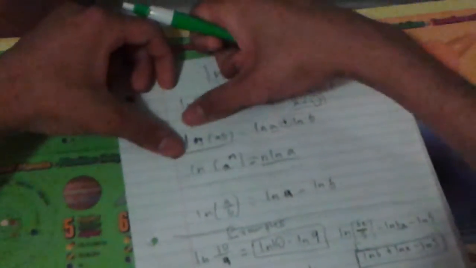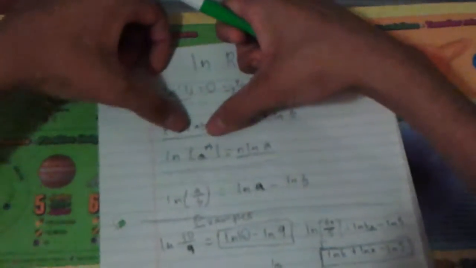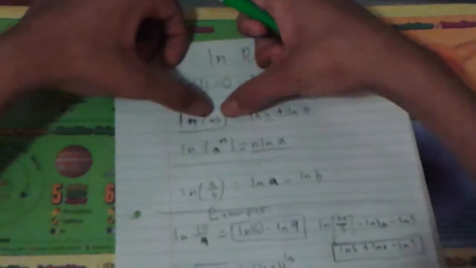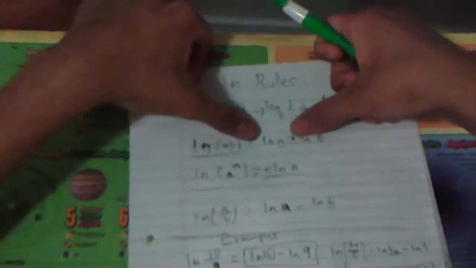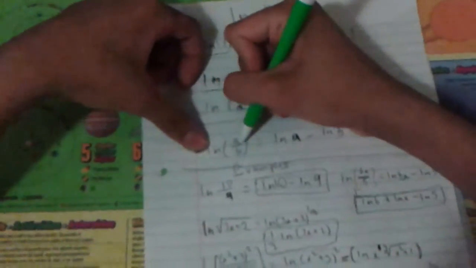So that's why ln 1 equals 0. Okay, now we have the next property, ln of a times b. Usually when you have something on the inside multiplying, when you separate them, they're going to be adding. So ln a plus ln b. Same mentality goes for when they're dividing.